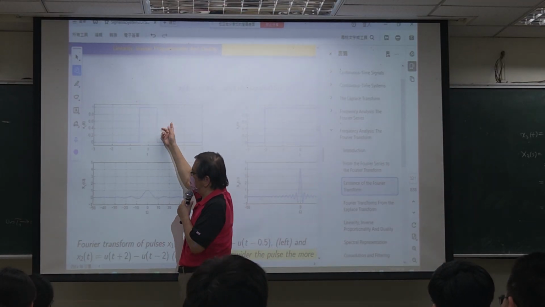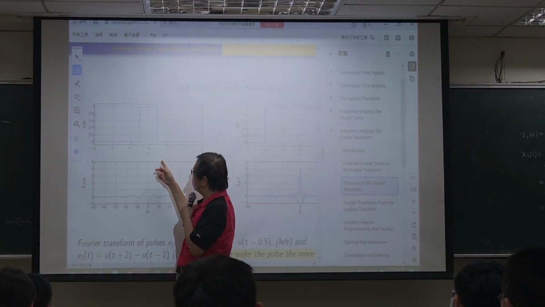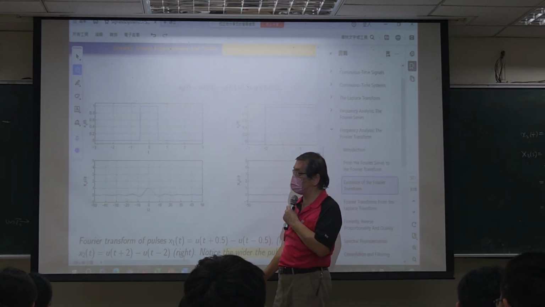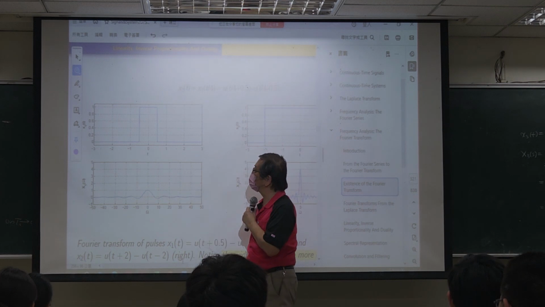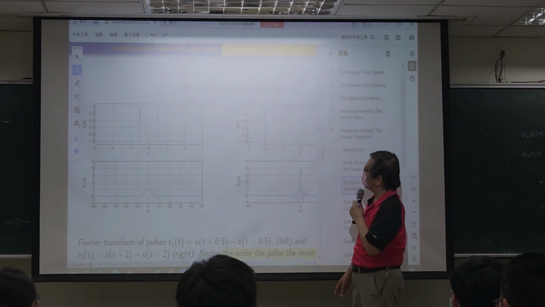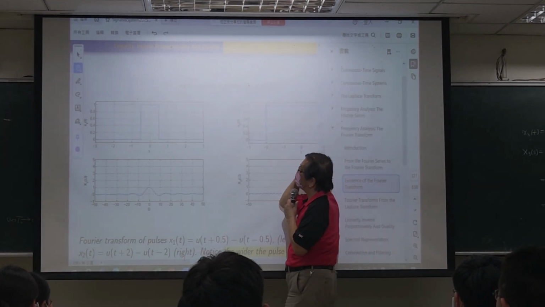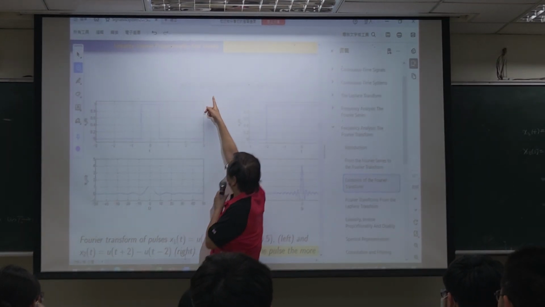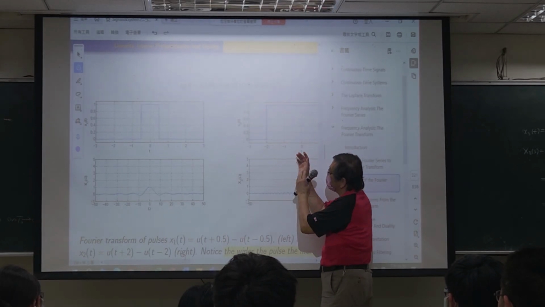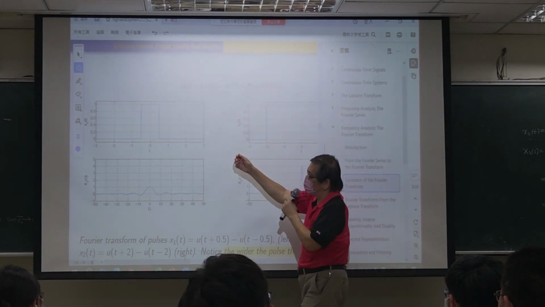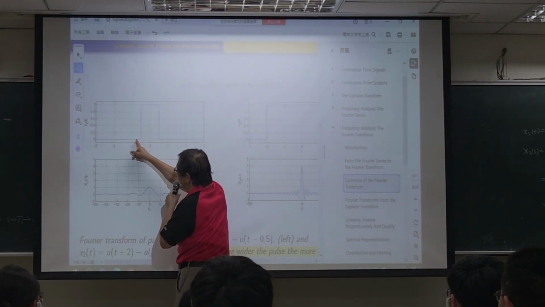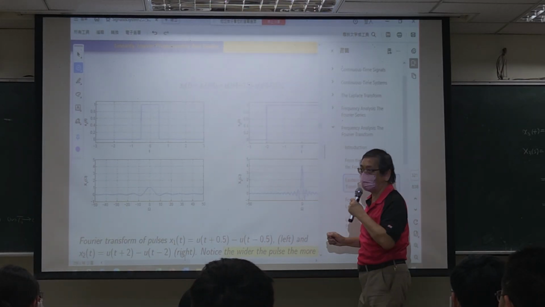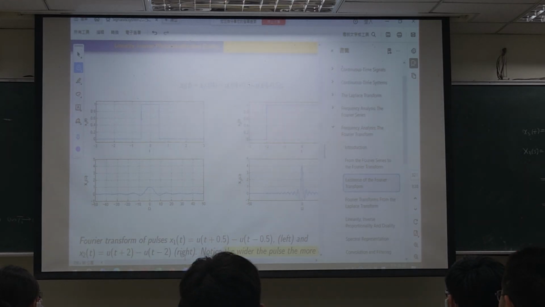Suppose this is x1 of t, and this is the corresponding frequency response, the Fourier transform of this function. Now if I multiply t by 1/4, I actually stretch the function, so this function becomes wider.